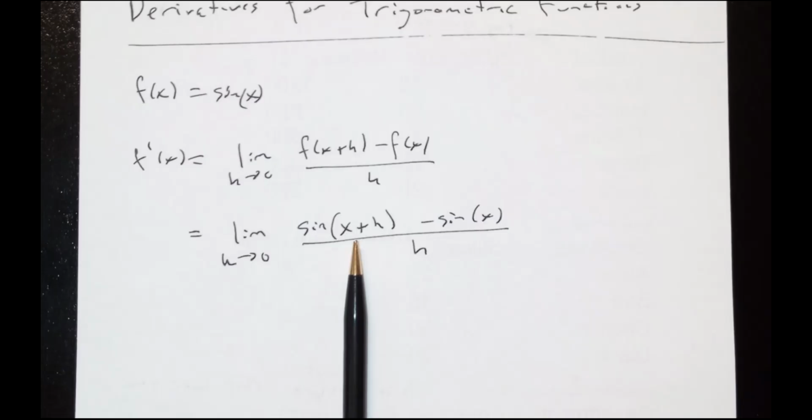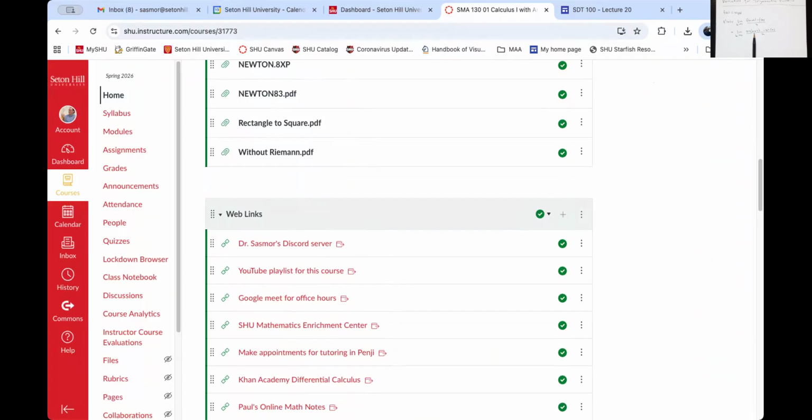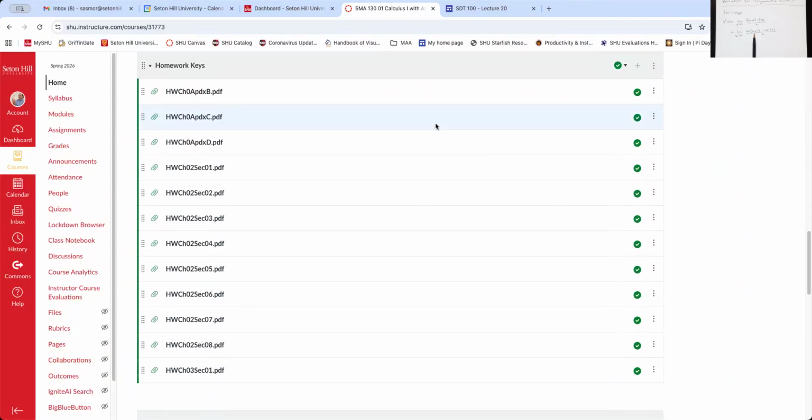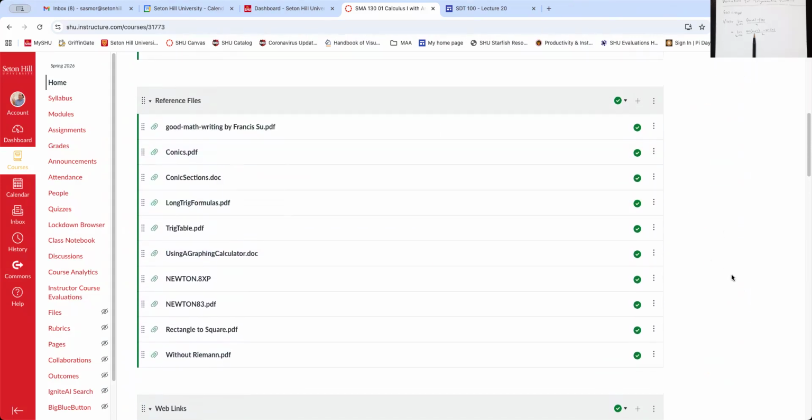On our Canvas page, on the other hand, way down here, under all of my reference files, I see one labeled long trig formulas. Let's go there. So I don't expect you to have this memorized, but we can at least look it up.